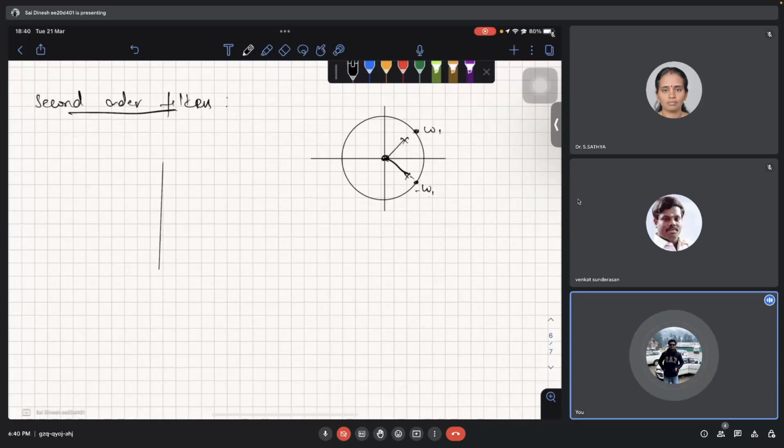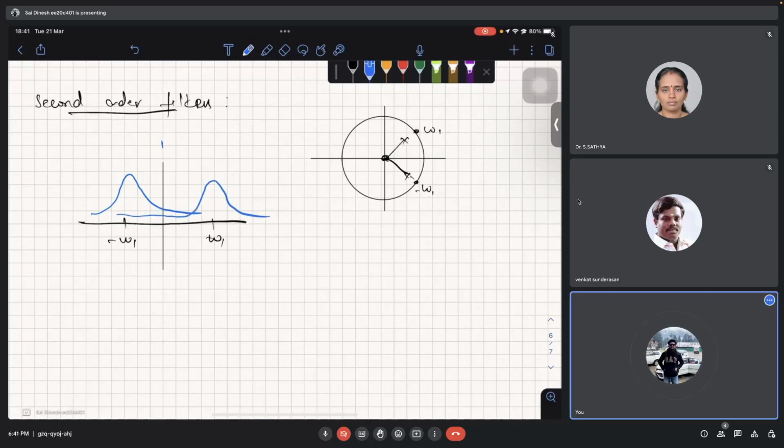We know that poles actually produce gains. At minus omega 1 there is a pole, meaning there is a sharp peak and broad valley, and at omega 1 as well there is a broad valley and sharp peak.